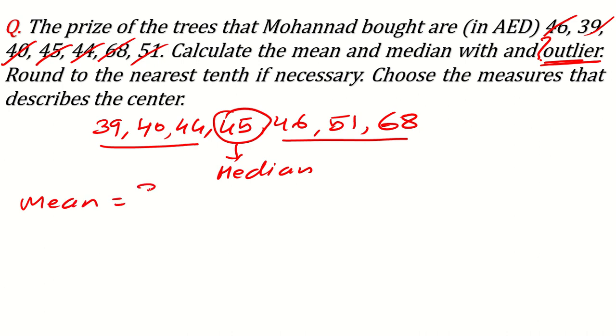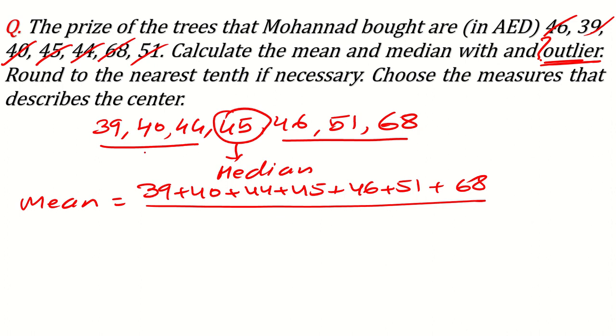Mean is 39 plus 40 plus 44 plus 45 plus 46 plus 51 plus 68 divided by how many numbers? 1, 2, 3, 4, 5, 6, 7. 7 numbers. So how much is the addition? 9 plus 6 is 15, 15 plus 5 is 20, 24, 24 plus 9 is 33. Then 3, 6, 9, 9 plus 5 is 14, 14 plus 4 is 18, 18 plus 4 is 22, 22 plus 4 is 26, 26 plus 4 is 30, 30 and 3 is 33, over 7.